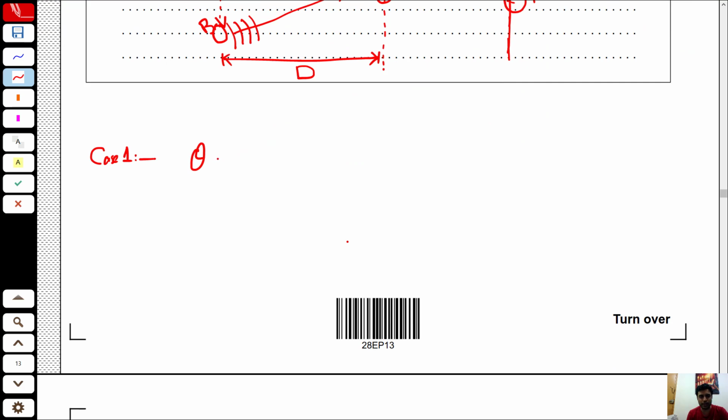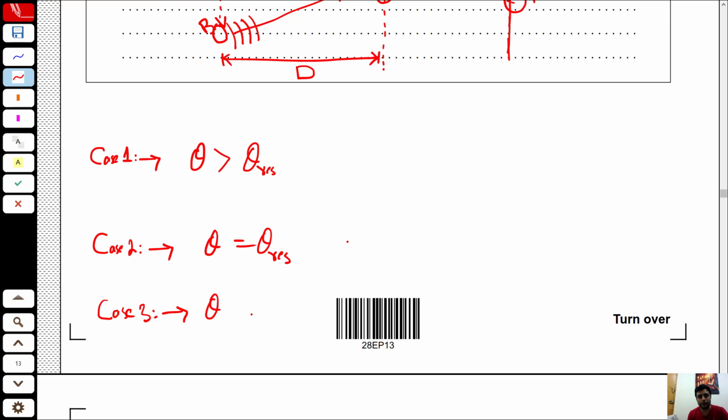It's either the angle of diffraction is bigger than the angle of resolution. Case 2 is when the angle of diffraction is exactly equal to the angle of resolution. Case 3 is when the angle of diffraction is smaller than the angle of resolution.